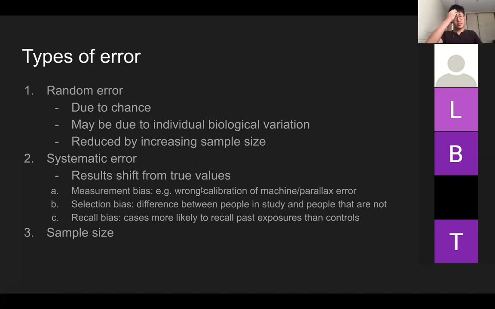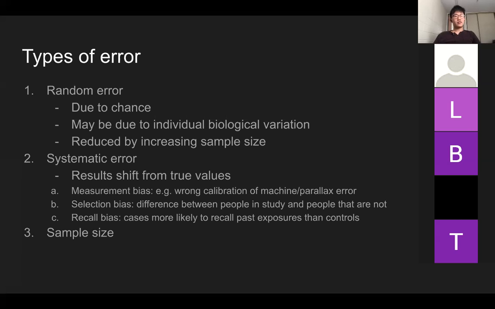Selection bias. So these are things like you've selected a certain type of people, which may not be representative of your population, or perhaps they only fall into a certain category, and that could result in a shift and error in your results.